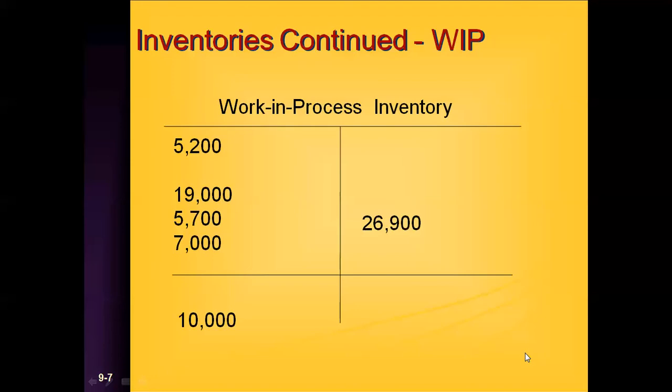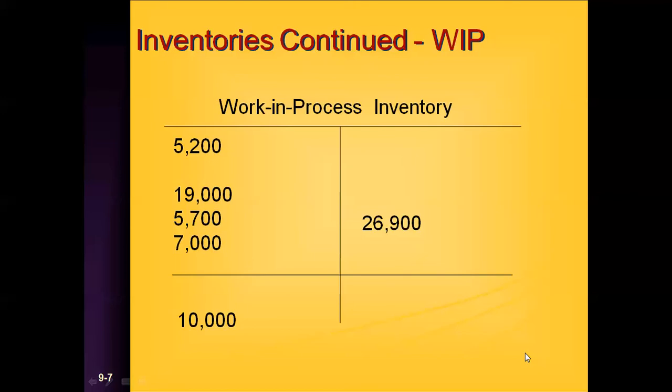The T account here shows some transactions that would likely occur there. In a T account, you would have the cost of products that were started in work in process inventory but not completed. Then you would debit work in process inventory as you would have increases in direct materials and direct labor, which are used in production, as well as manufacturing overhead, which is used in production.